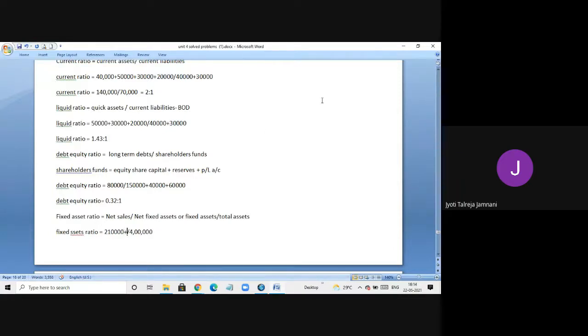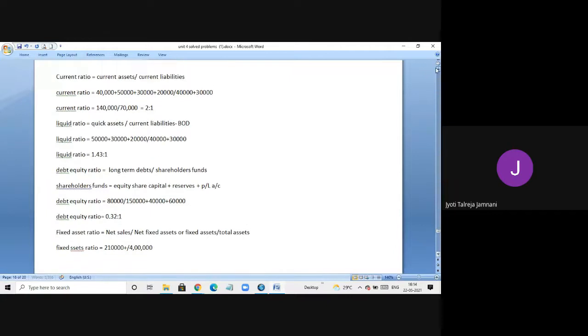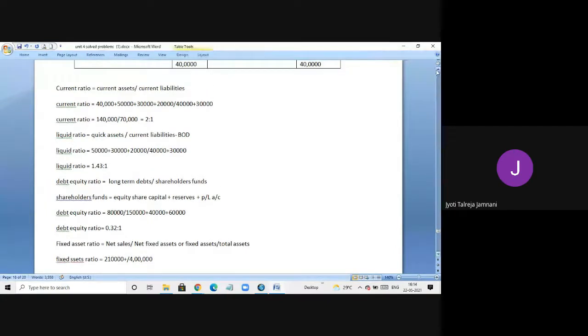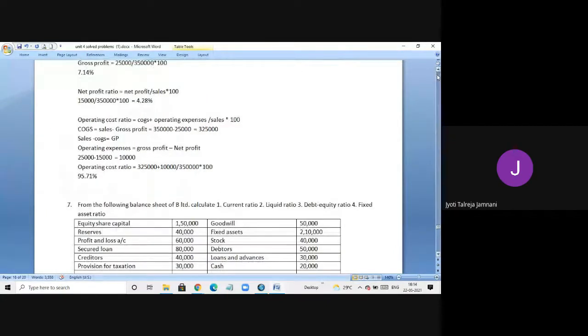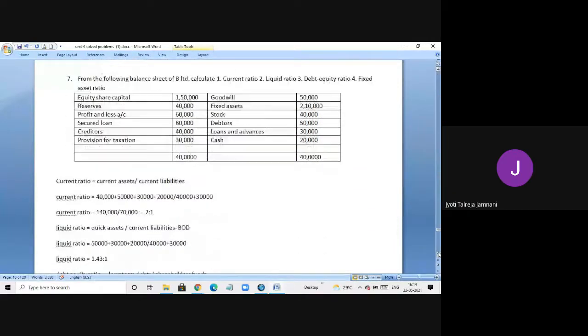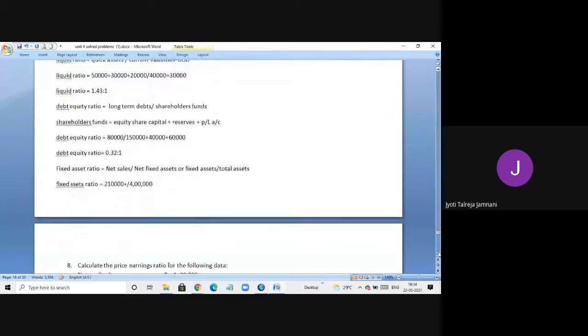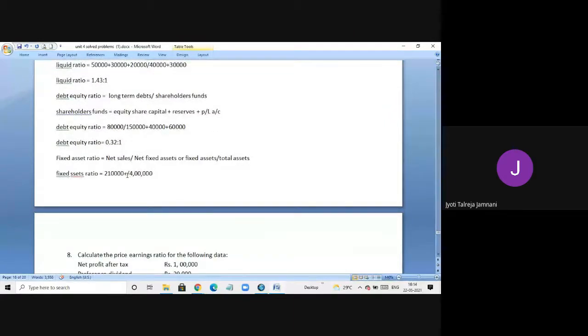So we'll add goodwill also. Goodwill is 50,000. So 2,10,000 fixed asset plus goodwill 50,000, you get 2,60,000 divided by 4 lakh.